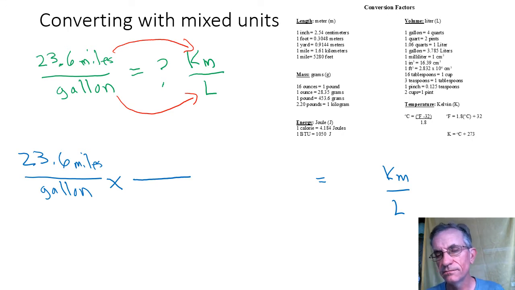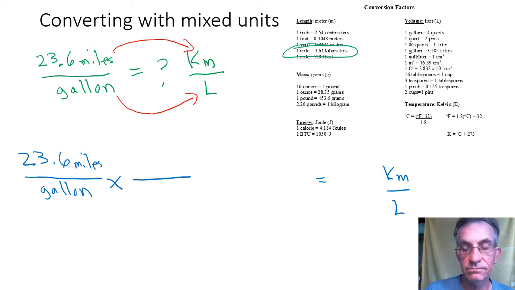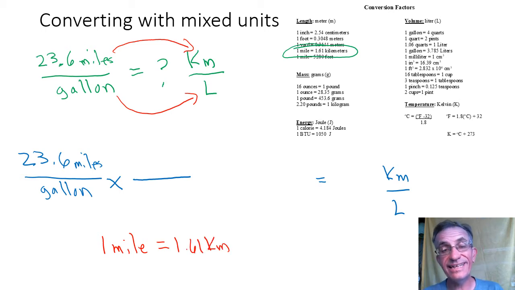I see one, right here. 1 mile is 1.61 kilometers. So let's jot that down. 1 mile is 1.61 kilometers. So that'll help us get the top part right.